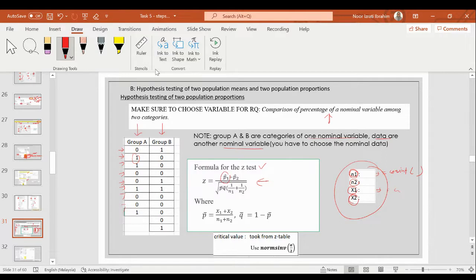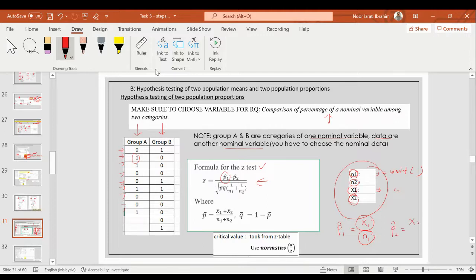And to find the p hat 1, it will be the cell of X1 divided by the cell of N1. You have to show that you've used the cell. You select the cell in Excel. When I click on the cell, I want to see you use the Excel formula or Excel function. Same goes for p hat 2.